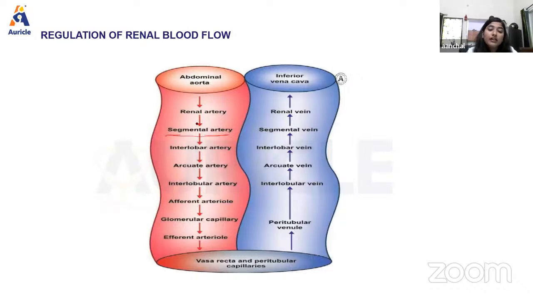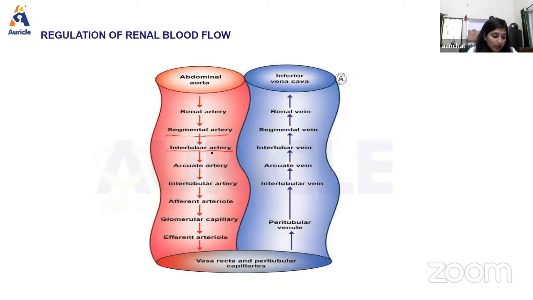Now, these segmental arteries will subdivide into many interlobar arteries, right? Whatever amount of blood is received by the segmental arteries will drain into the interlobar arteries. Now, these interlobar arteries pass in between the medullary pyramids present in the kidney.